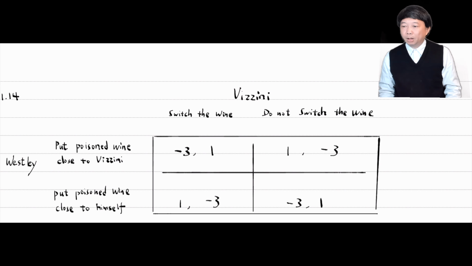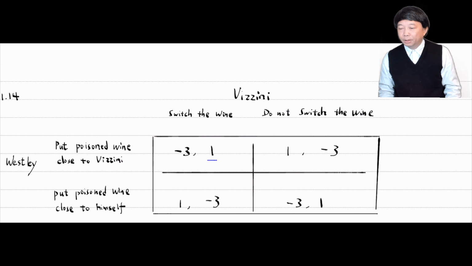We first consider Vicini's strategy. Suppose that Wesley puts the poisoned Y close to Vicini. Vicini gets 1 if he switches the wine, and he gets -3 if not. His best response is to switch the wine.